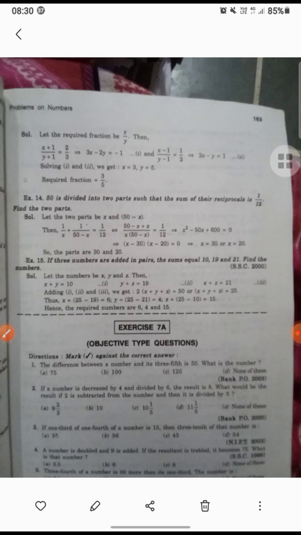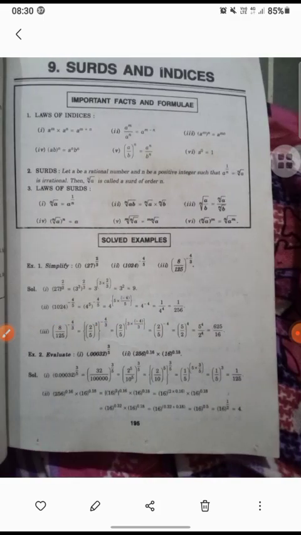So we got one equation from that, and now putting in the values, we get the correct answer.